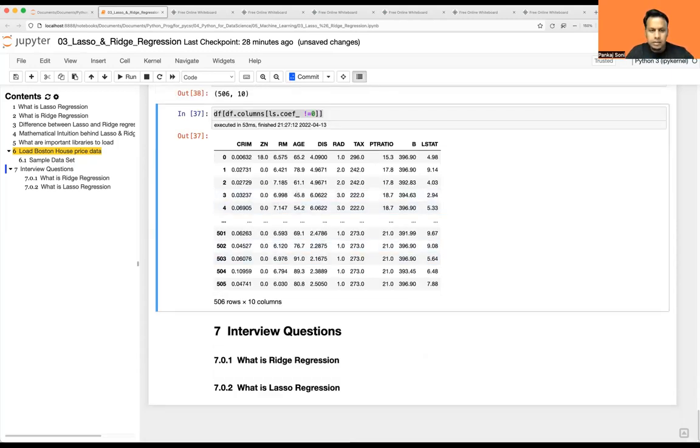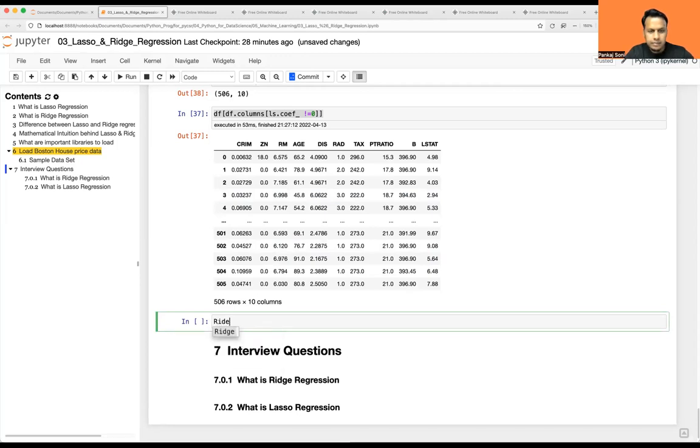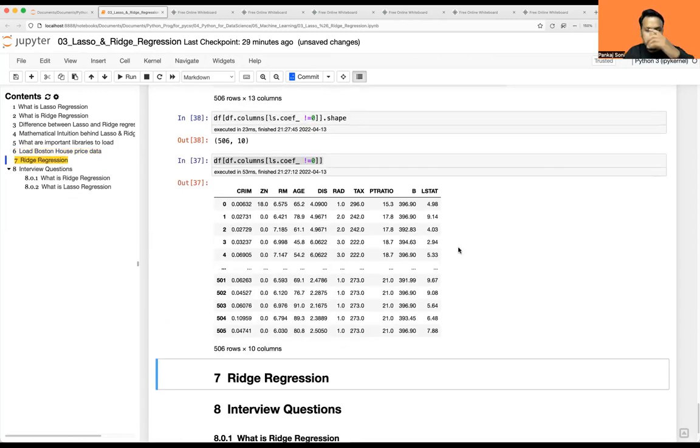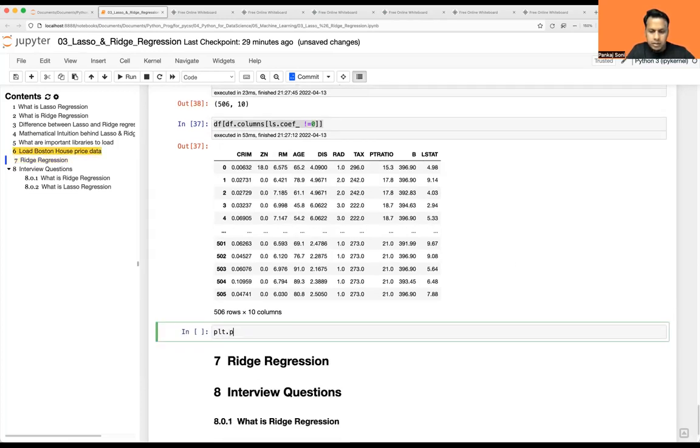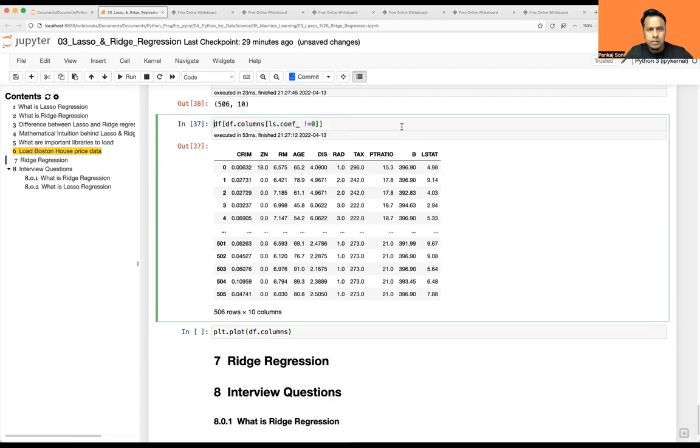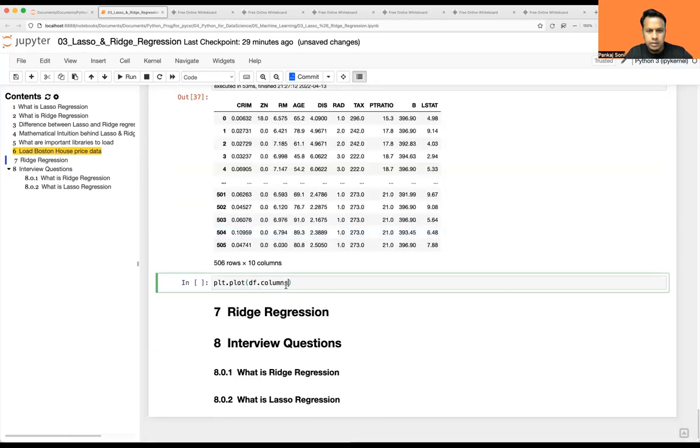Now let's go ahead and see the ridge regression. By the way, I wanted to show the graph also, right? So here we have plt dot plot, df dot columns, df dot keys I'll take, and y is nothing but ls dot coef_.